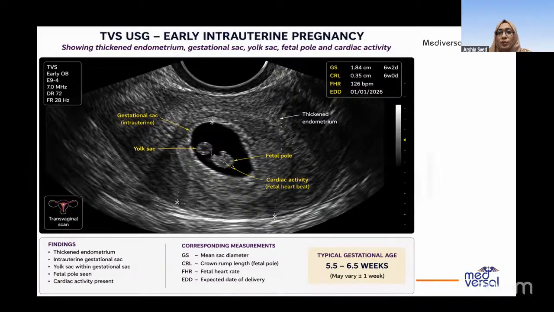And then if you turn on Doppler mode on your ultrasound, you'll be able to hear the fetal cardiac activity. At the same time, the flicker of the cardia will also be picked up on the ultrasound. So these are the findings of the first trimester ultrasound. Is this clear? Can I move to the next slide?